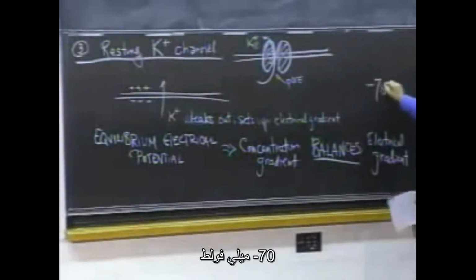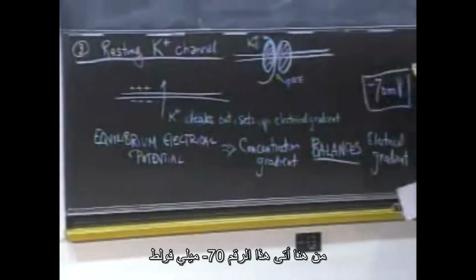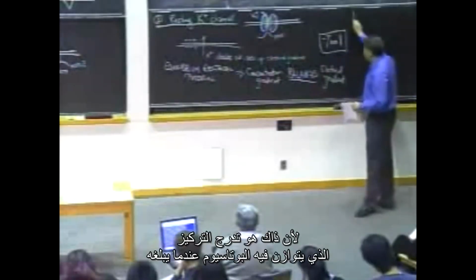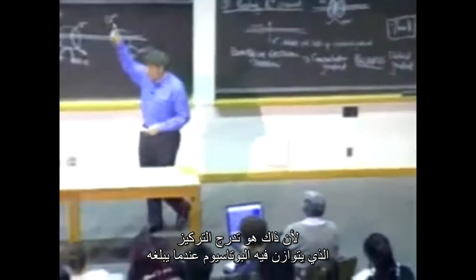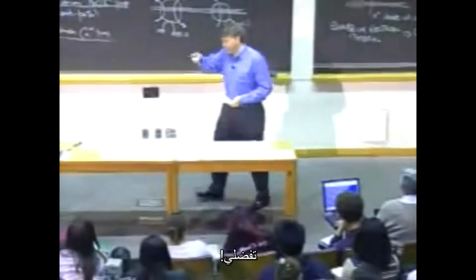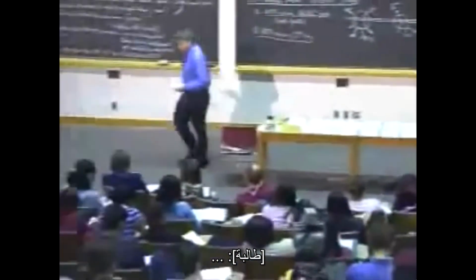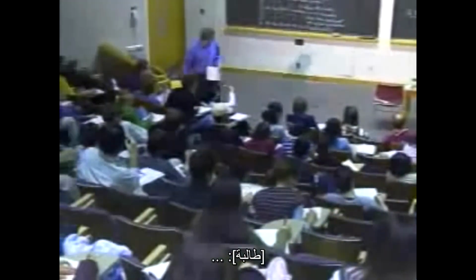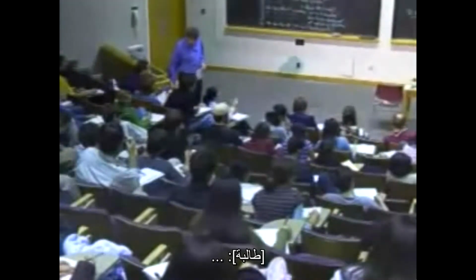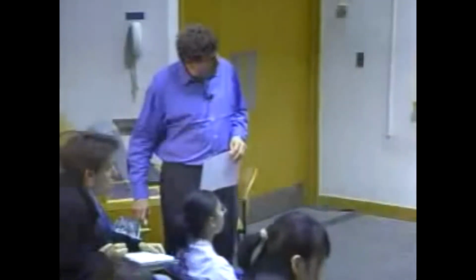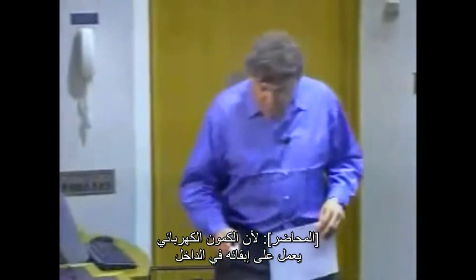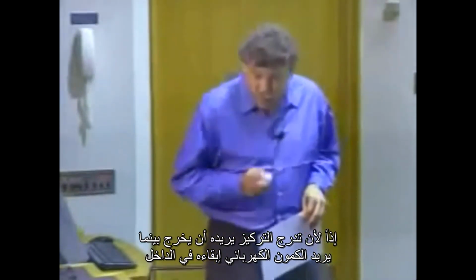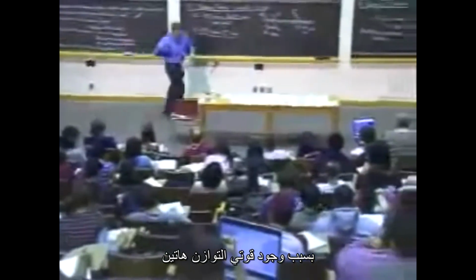Minus 70 millivolts. That's where minus 70 millivolts comes from. It's the point at which potassium going up that gradient just offsets the concentration gradient. So potassium is positively charged, and the inside of the cell is negatively charged, so how is the electrical potential driving it outside? Well, it doesn't. The electrical potential wants to keep it in. The concentration wants it out, the electrical wants it in. That's why we have an equilibrium. Exactly. It's those two balancing forces.